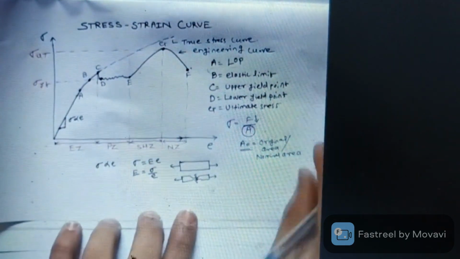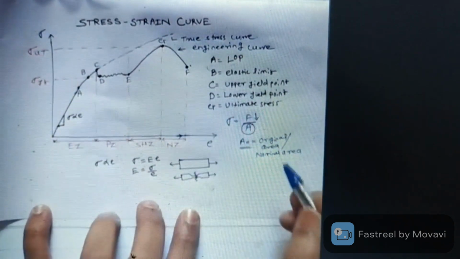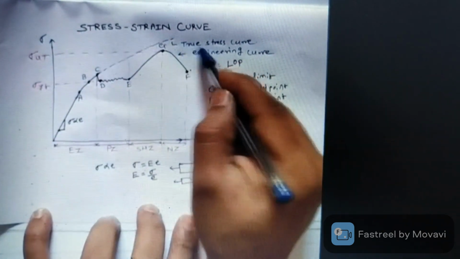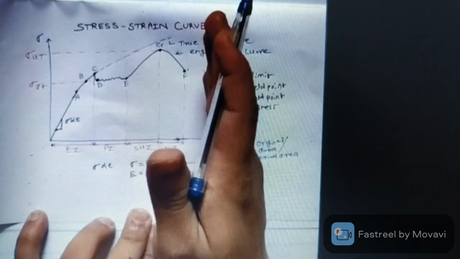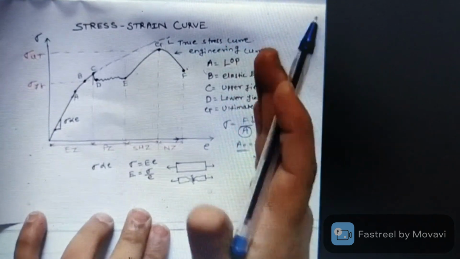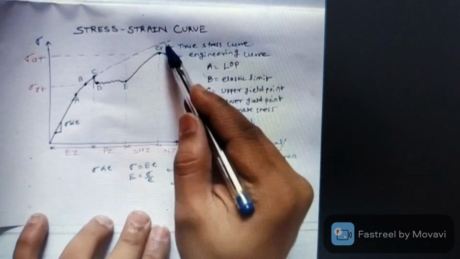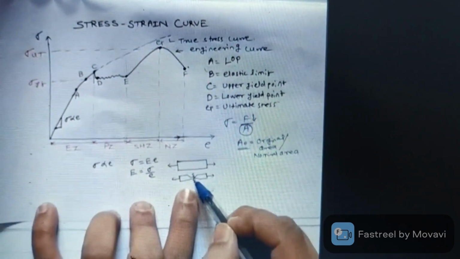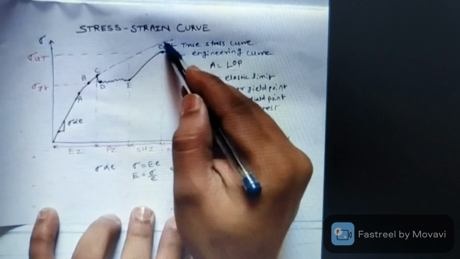On the other hand, if we consider the true stress curve, then in true stress we are considering the area at each time interval. So we are considering the actual reduction in area at each time interval. That's why the stress is continuously increasing.